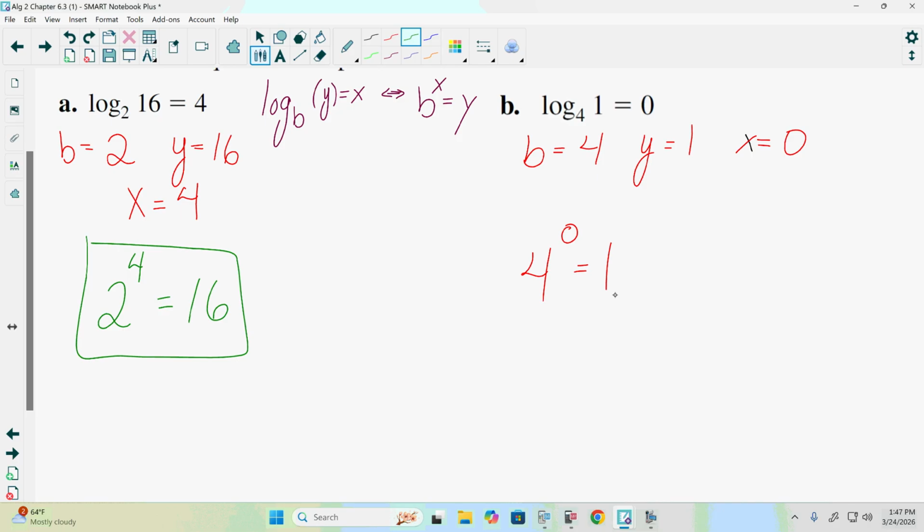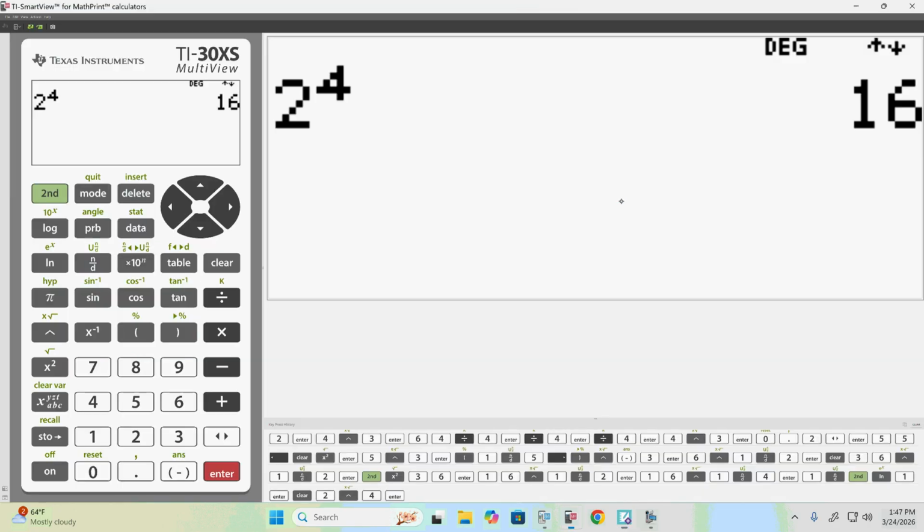Writing in exponential form, we'll need to write the 0 as an exponent, we always have to write it, no matter what, because if an exponent is not written, it's understood to be 1. 4 to the 0 is equal to 1, and we can check that. 4 to the 0 power is indeed 1.